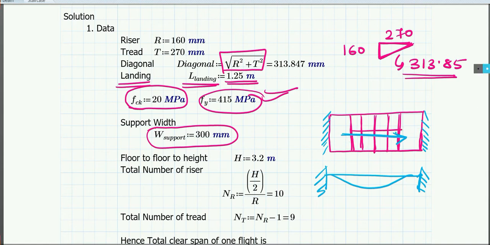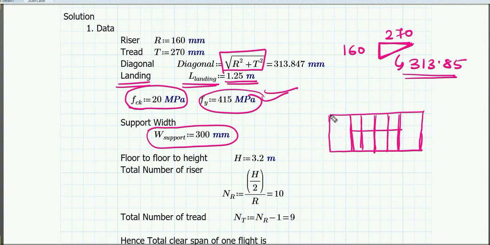If suppose I say that the support beams are not here, and the support is perpendicular to the riser. Okay, suppose the support is here, or this is a fixed support, or some beams are there. In that case you can see that this landing is going to deflect transversely.